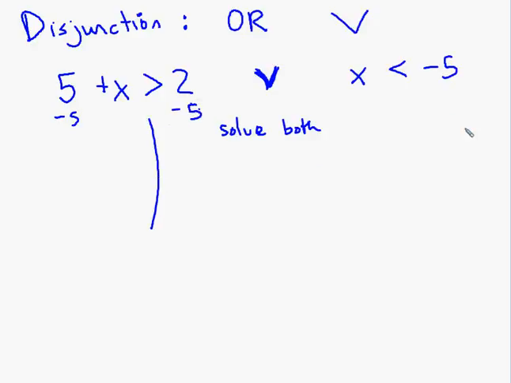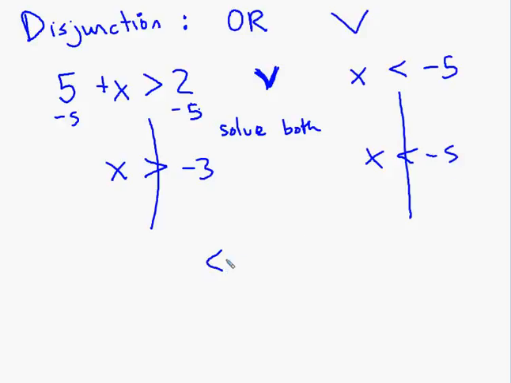Well, there are 2 different ones. They're separated by that. Okay, so x is greater than -3. And this one is already solved. x is less than -5.